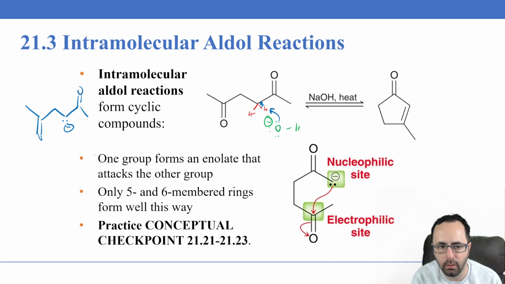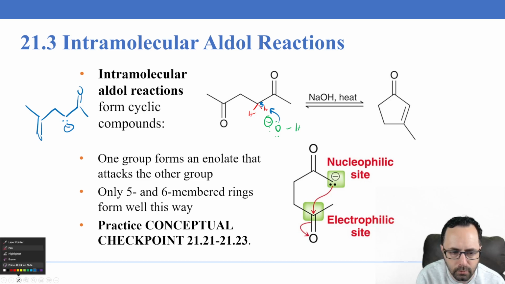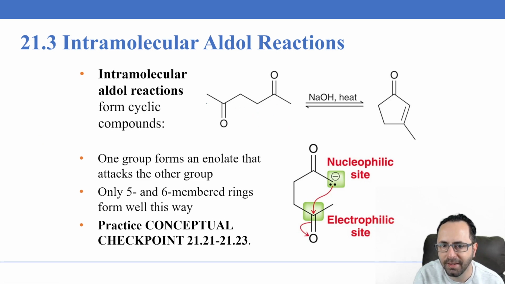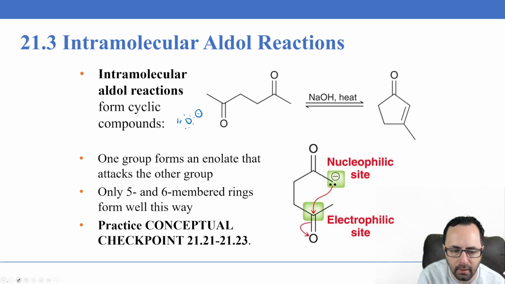Like that. Now if we draw this in a slightly different way, oops, I deprotonated the wrong spot, sorry. I deprotonated on the inside. Strike that. So we're deprotonating right here instead.